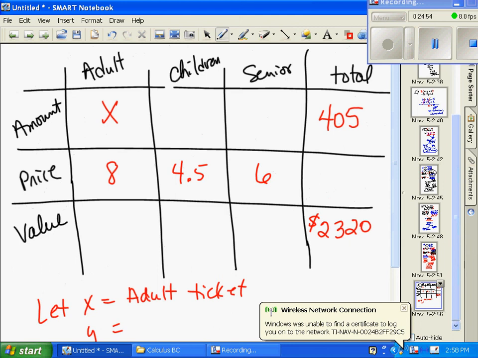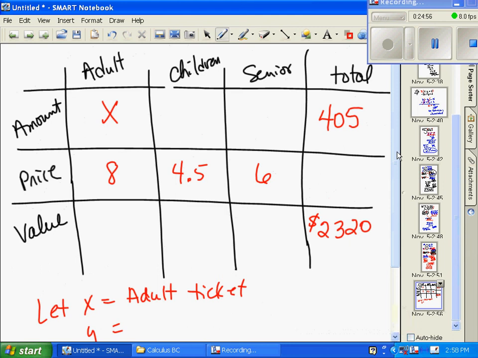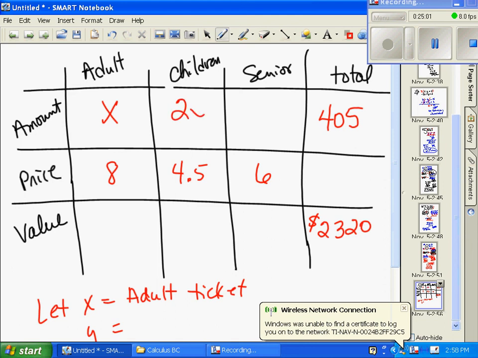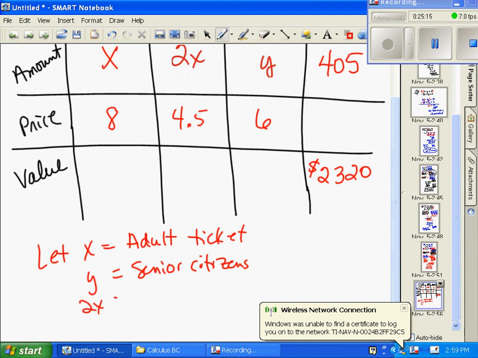So if there's twice as many children tickets as adult tickets, I'm going to let children be 2 times x. And we don't know about senior citizens, so we're going to let that one just be y. And I could say, we'll let 2x be equal to children's. We really wouldn't have to put that one, but we will.